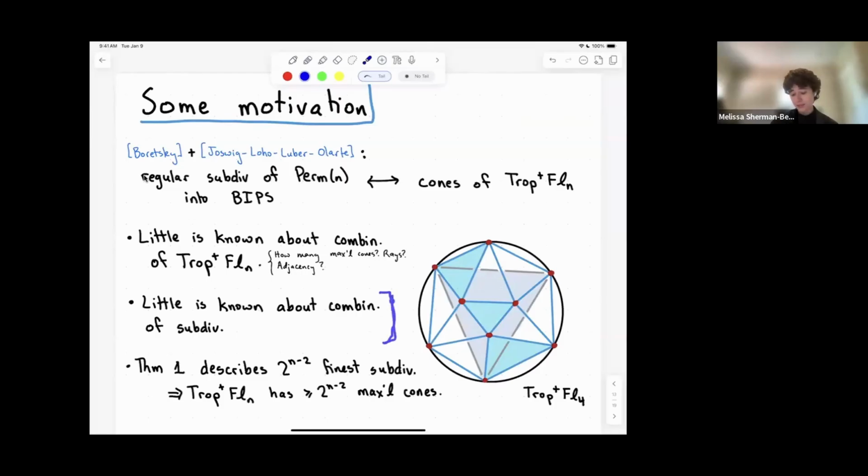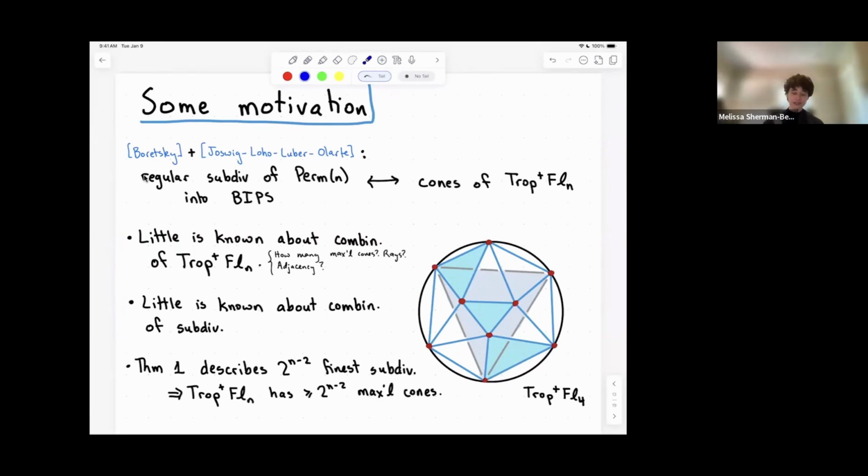If you hand me a cone of the positive tropical flag variety, I have to ask a computer to tell me about the combinatorics of the corresponding subdivision. Just looking at the cone, I don't really know which Bruhat interval polytopes are in the subdivision or how they're connected.